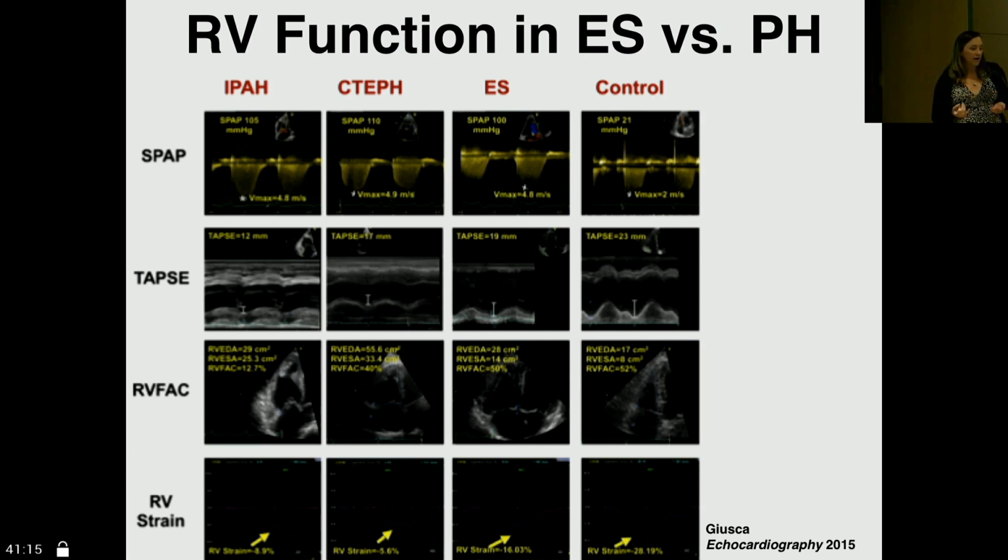When you look at echo indices of RV function, which are imperfect as we know, including systolic PA pressure, TAPSE, RV fractional area change, and RV strain, on all of these indices the Eisenmenger patients are closest to the control population, except for the systolic PA pressure, compared to the other groups of PH patients. So again, a sign that not only do they survive longer, but they seem to have superior RV performance.